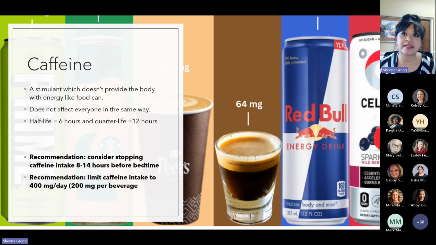I know many colleagues on campus and even students who will try really hard not to have some form of caffeine after 2 p.m., especially if they have a goal bedtime in mind. And so, another recommendation when we think about overall milligrams of caffeine to take throughout the day is going to be around 400 milligrams a day.